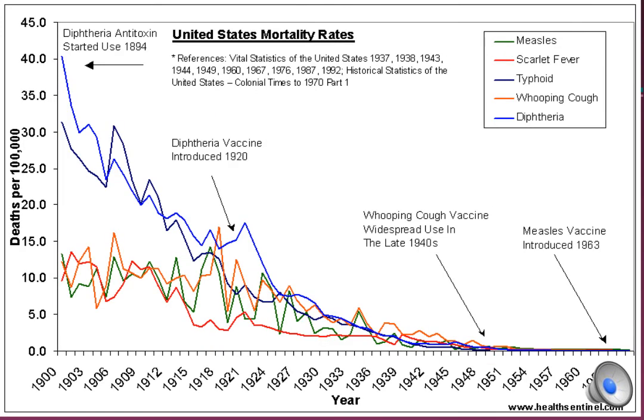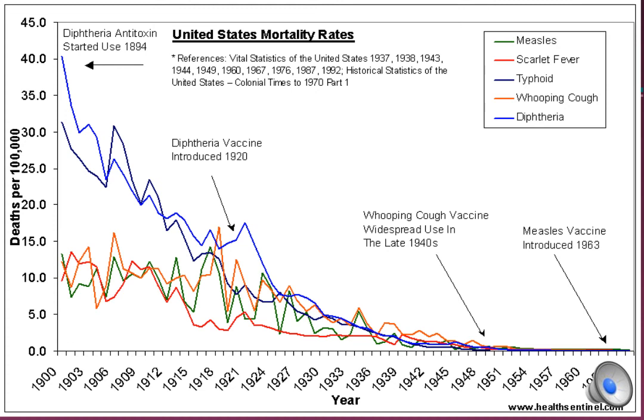This is a little bit different line. It has some of the same infections, but it also shows the vaccinations that were instituted and when they were instituted. Influenza is missing from this graph, so you don't see that big spike. But I think the thing to recognize here is that the epidemics were decreasing much, much more rapidly, and the vaccination had quite a small effect on the overall reduction.